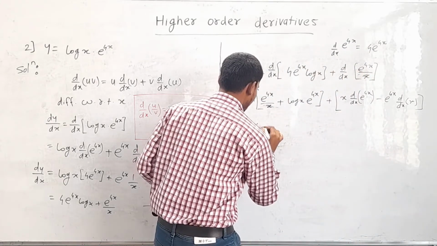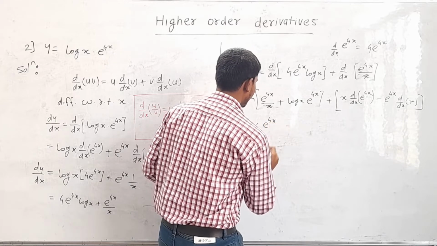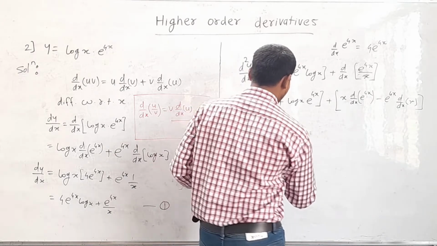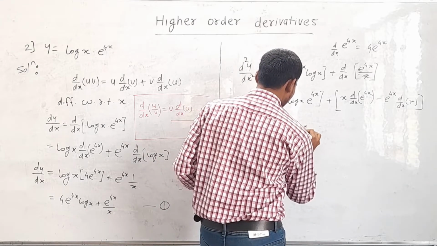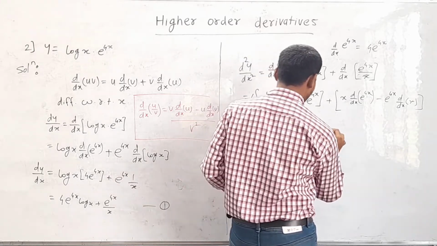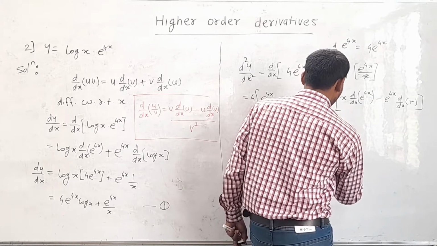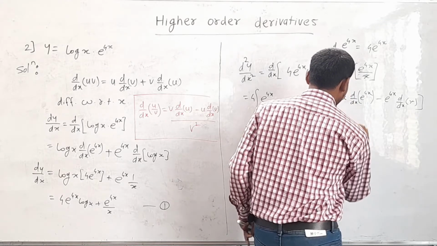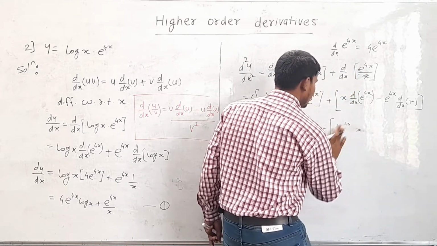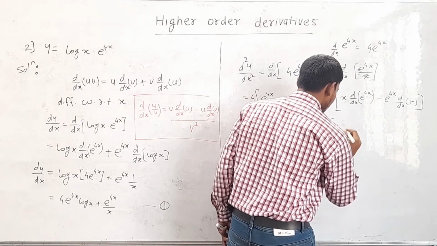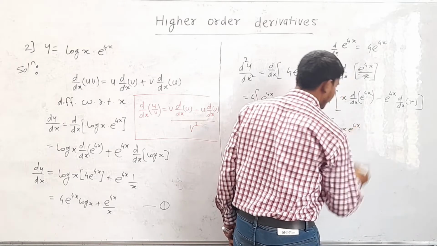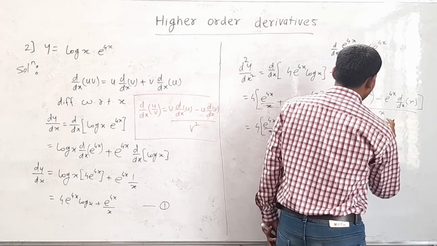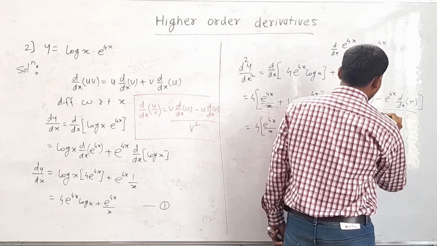Here 4 e raised to 4x by x plus e raised to 4x log x, plus the derivative of e raised to 4x, which is 4 e raised to 4x, and multiplying by x we write 4x e raised to 4x, and the whole divided by x square, that we have missed the derivative, not x square.